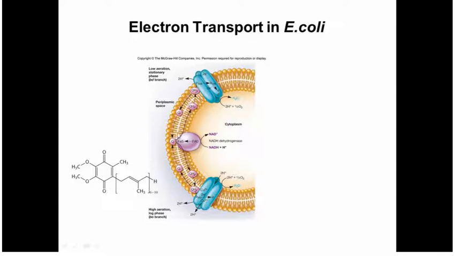It's going to diffuse along over here to this cytochrome oxidase complex, and the electrons are going to be transferred onto a series of cytochromes, and the protons will be liberated on the periplasmic face of the membrane. So the ubiquinol cycle picks up protons from the cytosol and delivers them into the periplasm. This is one mechanism to generate a proton gradient.